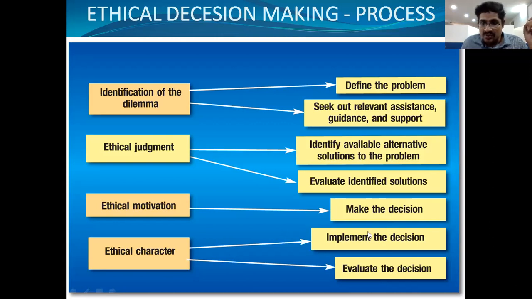This chosen best thing is what we implement in this step. For this chosen decision or chosen solution, check its performance. That is called evaluation of the chosen decision, right?